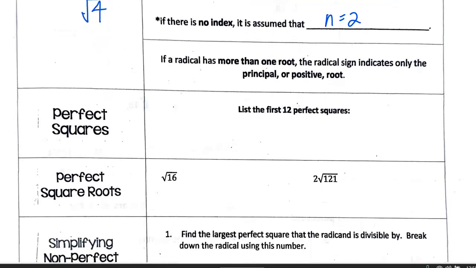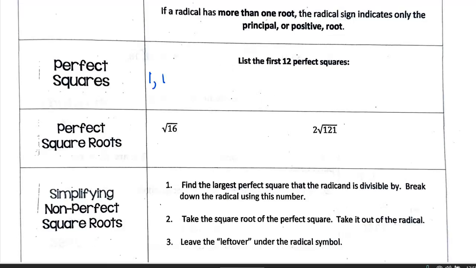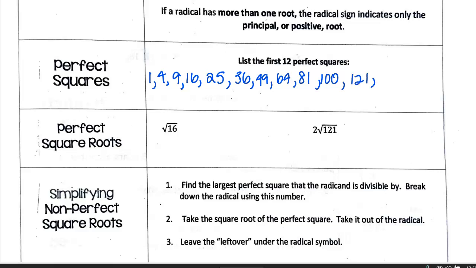Okay, so the first thing we're going to talk about is perfect squares. We're going to list the first 12 perfect squares. 1 squared is 1, 2 squared is 4, 3 squared is 9, 4 squared is 16, 5 squared is 25, 6 squared is 36, 7 squared is 49, 8 squared is 64, 9 squared is 81, 10 squared is 100, 11 squared is 121, and 12 squared is 144.